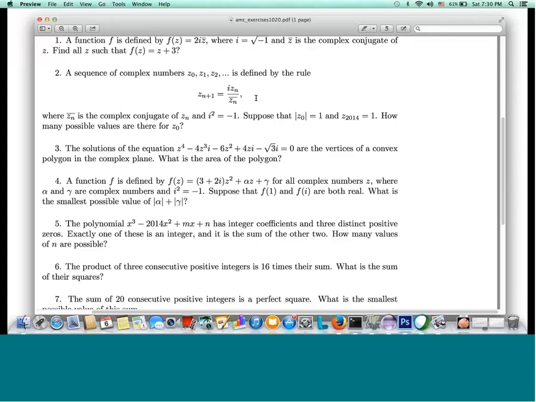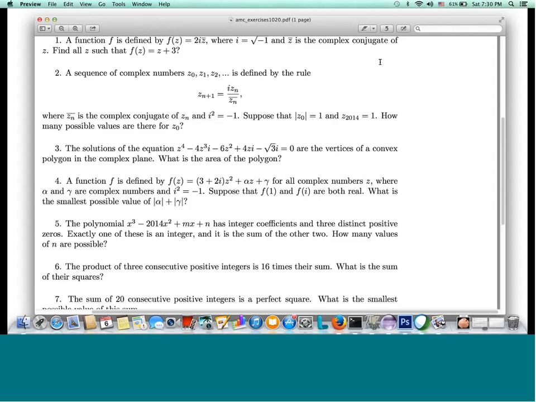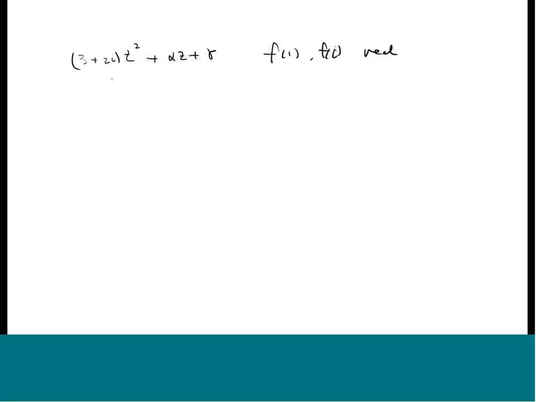Plus gamma. So basically, the idea is a function is defined. Suppose f(1) and f(i) are real. What is the smallest possible value of alpha plus gamma? So the thing is straightforward.